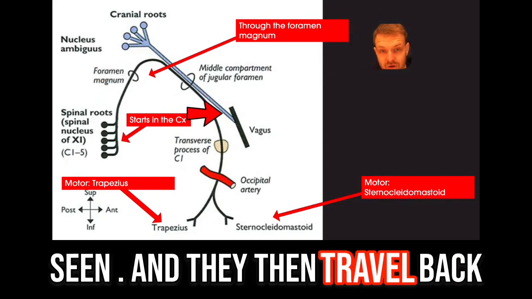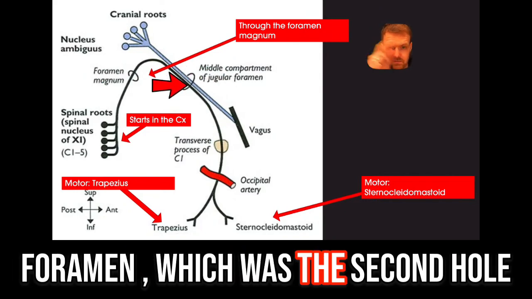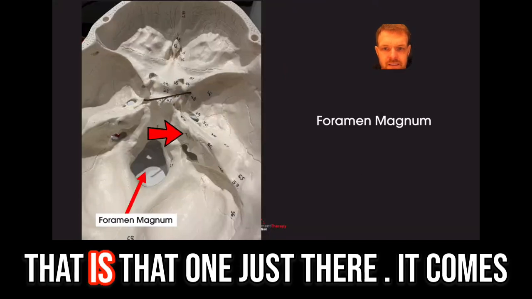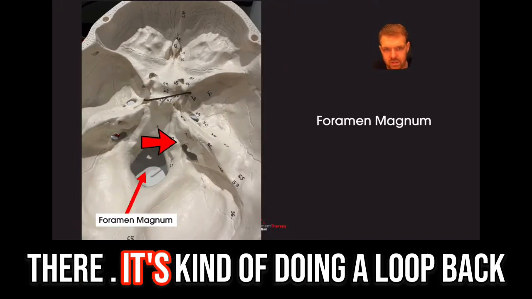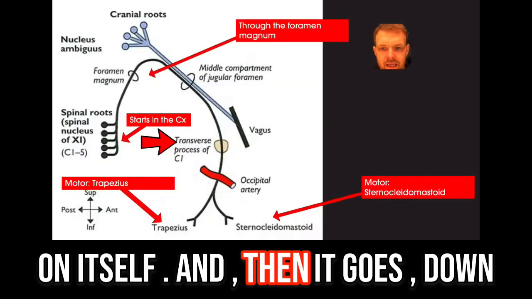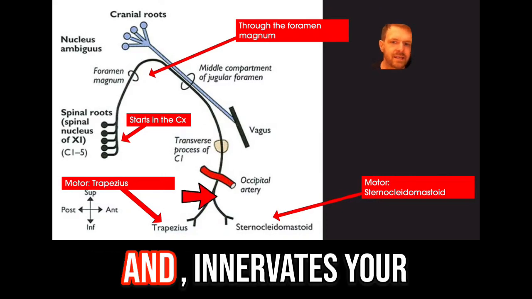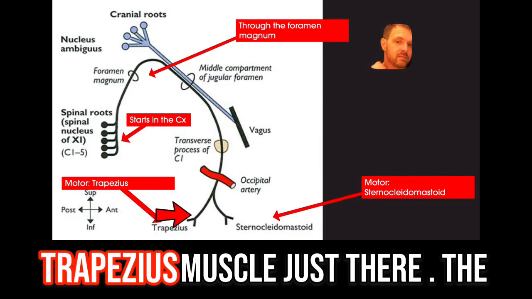And they then travel back down through the jugular foramen, which was the second hole that we just saw. If I just go back, that is that one just there. It comes up through here and then through there. It's kind of doing a loop back on itself. And then it goes down the side of your neck here and innervates your sternocleidomastoid here and your trapezius muscle just there.